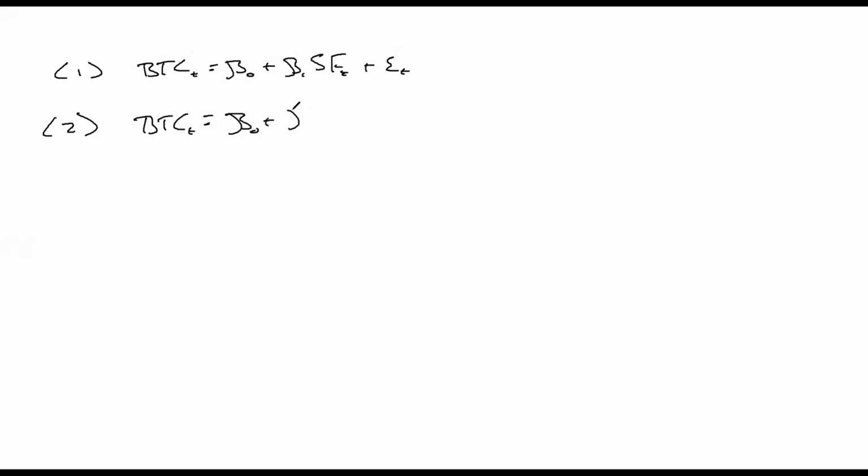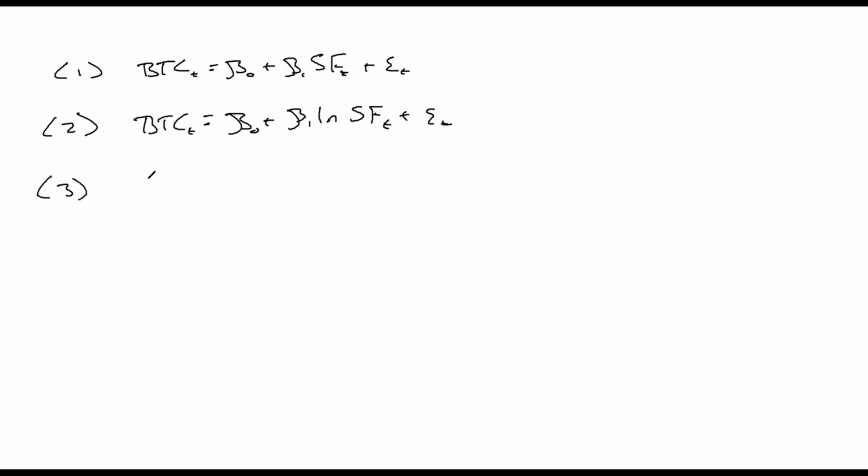The first one, we're going to look at Bitcoin price as a linear function of stock to flow. This is going to be our first scatter plot, or our first specification. Then we're going to look at Bitcoin price with some intercept, some slope, where the explanatory variable is going to be the log of stock to flow, plus our error term.